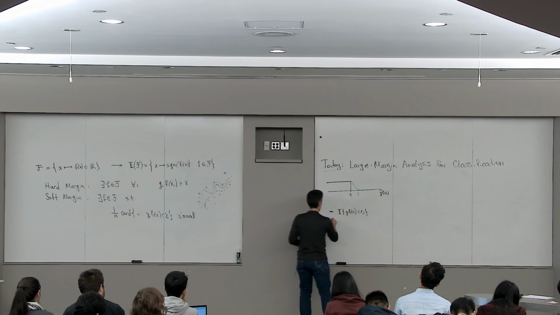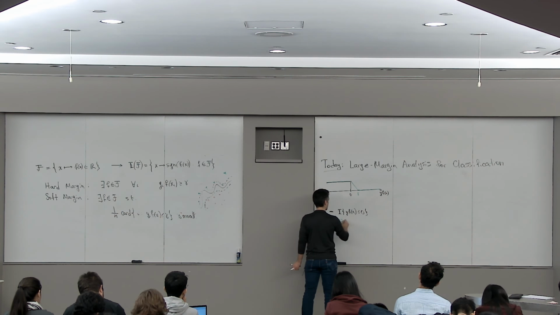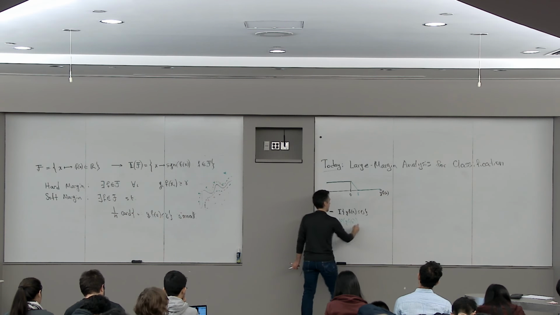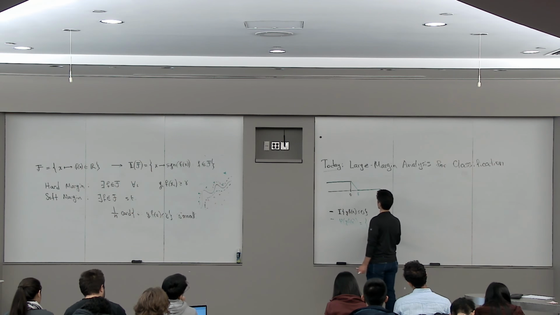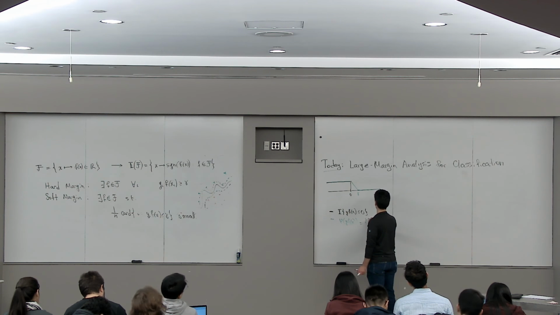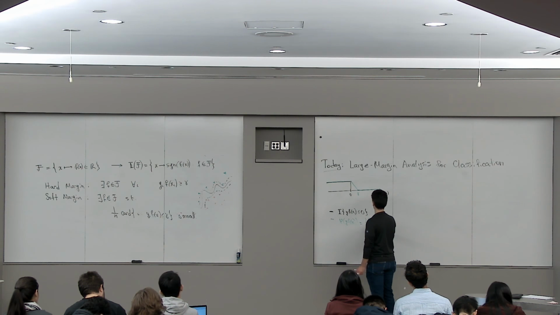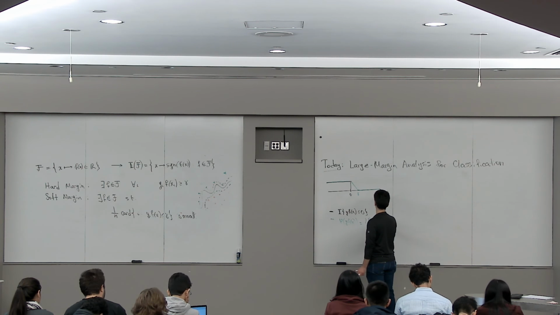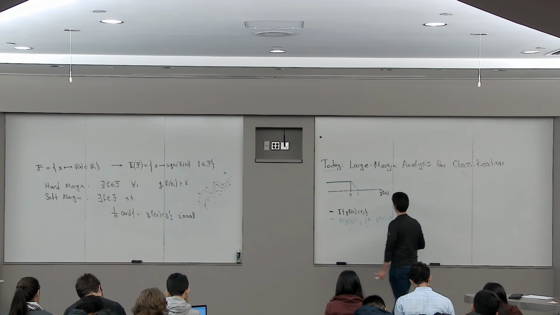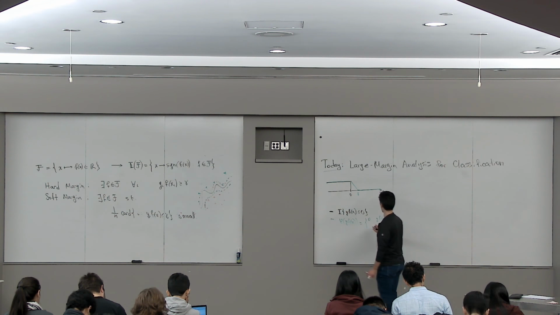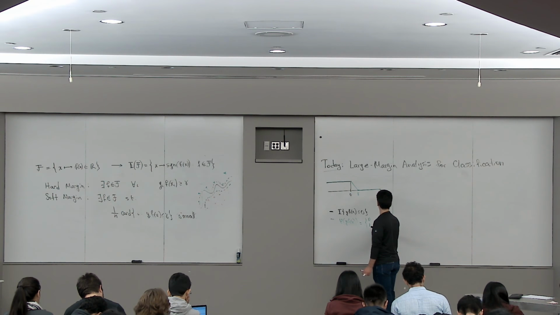Okay, so this one I'm going to call phi of y f of x, and that is 0 if y f of x is larger than gamma. It's going to be 1 if y f of x is less than 0.